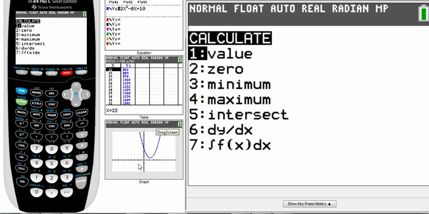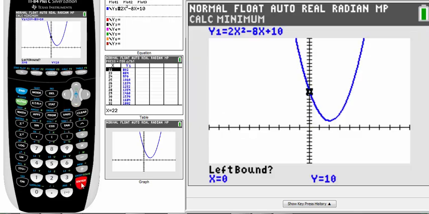Well, you can see pretty clearly that it's a minimum. So we go down and choose minimum. And then it says, what is the left bound? Well, this flashing star says, I want you to find the minimum between this point, and then it asks for the right-hand side, and you can either move your arrow or put in a value, either one. And anywhere to the right is fine.